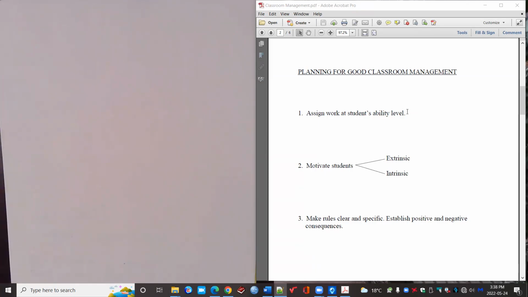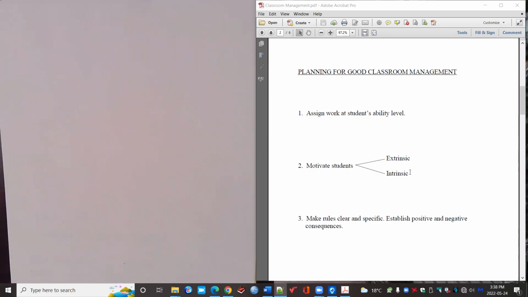And of course, motivate students using mostly extrinsic motivation for young children, and for older students, you mostly use intrinsic. For younger students, mostly extrinsic, but you slowly move on to intrinsic motivation.